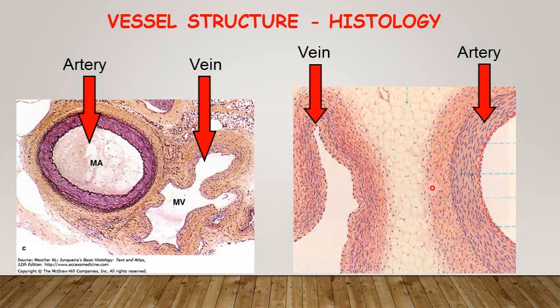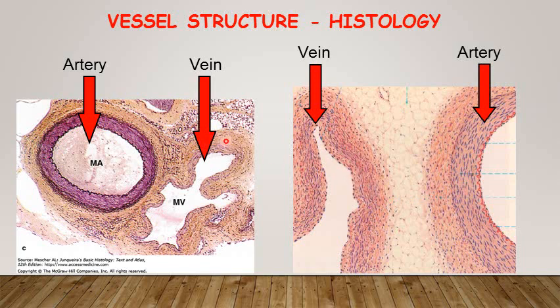But the tunica media in a vein is not as much. It has only up to 20 to 25 layers in the larger vein. So this one is the tunica media of an artery, and you can compare this tunica media, which is thick in the artery, but structurally not as thick in the vein.